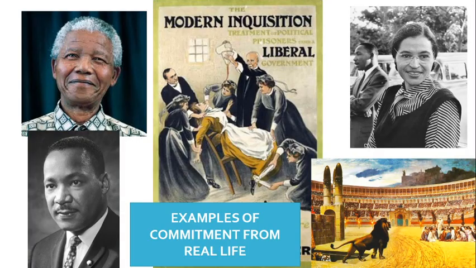Okay, right. Commitment. Here's some examples from everyday life. This is what we've got to support this idea of commitment. You may be aware of some of these already. Here we've got Nelson Mandela, who, as you may know, spent 27 years in prison for what he was trying to do. Then there was Martin Luther King, who, as you probably know, was assassinated. What we've got in the middle here, you may have studied the suffragettes at your secondary school.